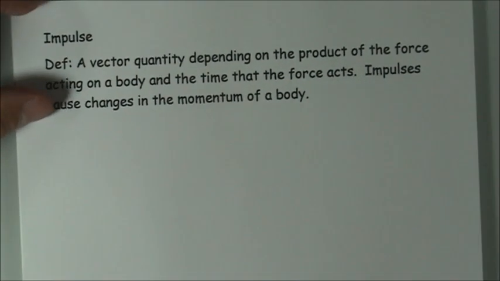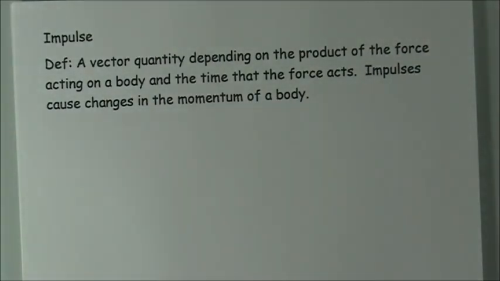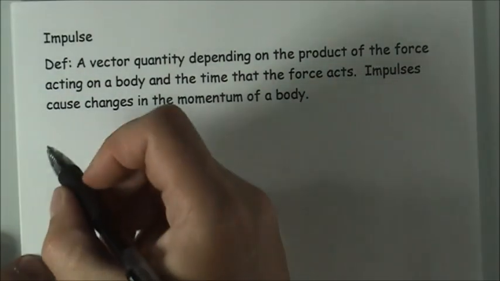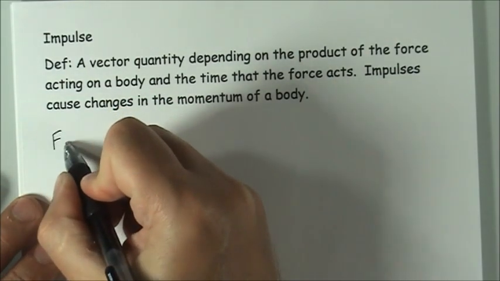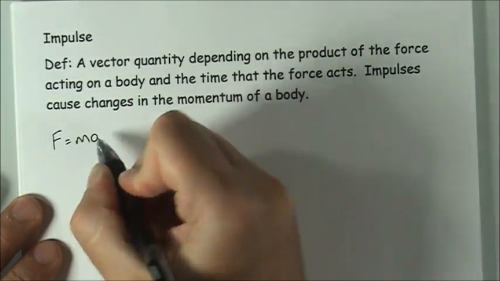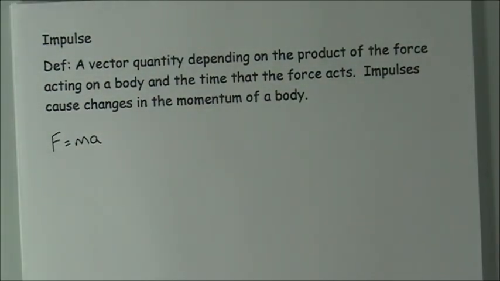It's easy to see where impulse comes from if we return to our earlier explanation of the second law. The second law is often expressed as F equals ma, but just to remind you, that hides things. Newton did not express the second law as F equals ma.